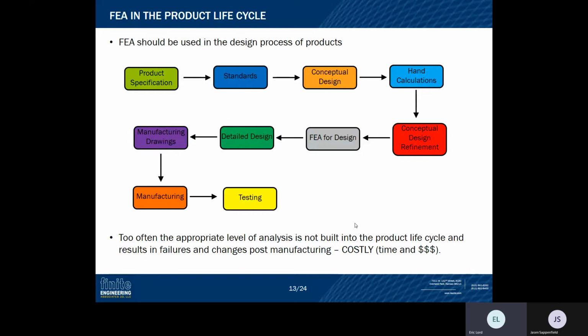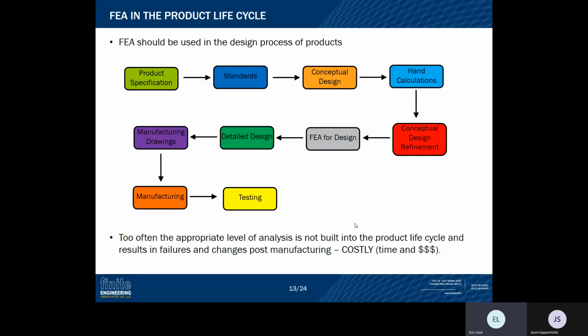So thinking about FEA and actually using it, kind of more in practice, if you will, where do you use it? When do you use it? How, and so on. So FEA really should be used in the design process of products. And the way that we kind of see this is that you start off with the product specification. You perhaps have some standards that you have to follow, and then you come up with this kind of conceptual design.